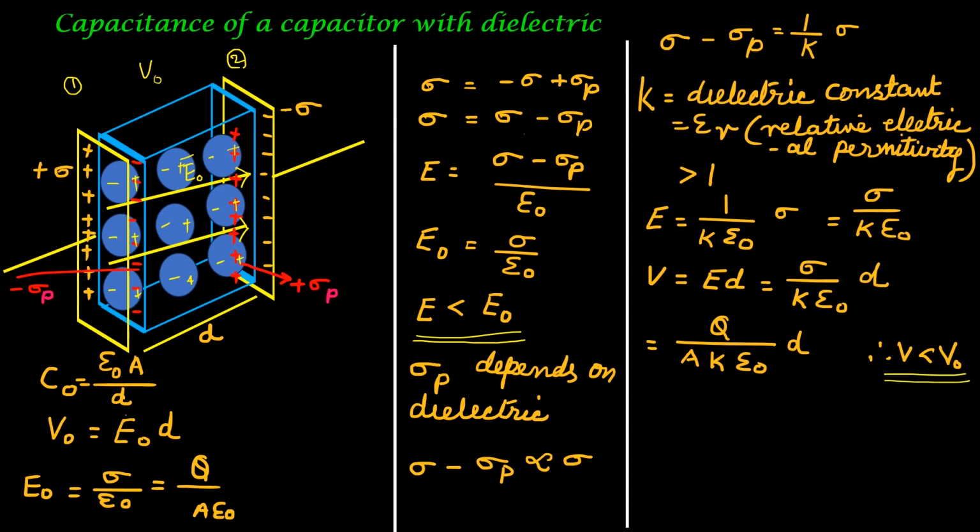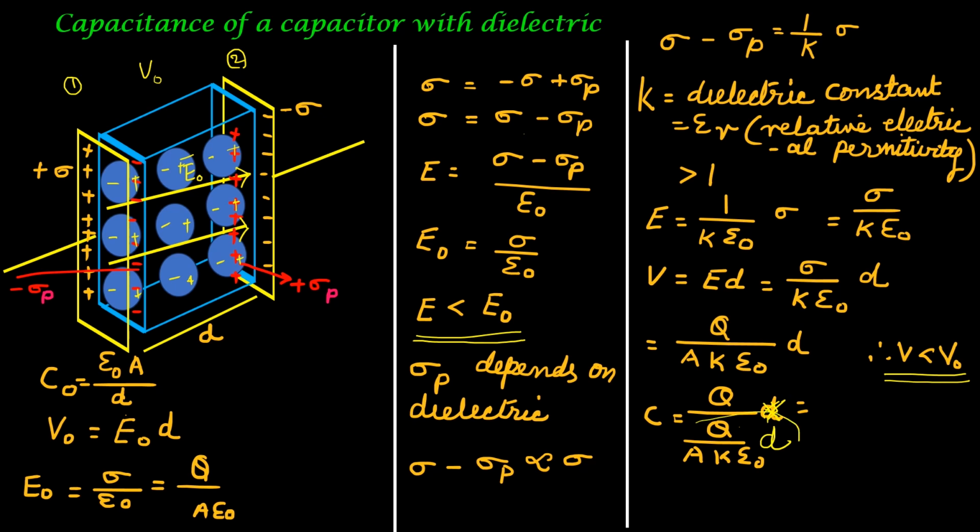What about capacitance? C. Capacitance is equal to Q upon V. Substituting for V, we get the quantity as C is equal to Q upon A K epsilon naught into D. I'm sorry, this D should be in the denominator.